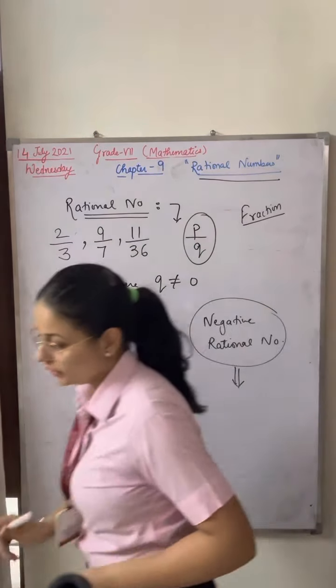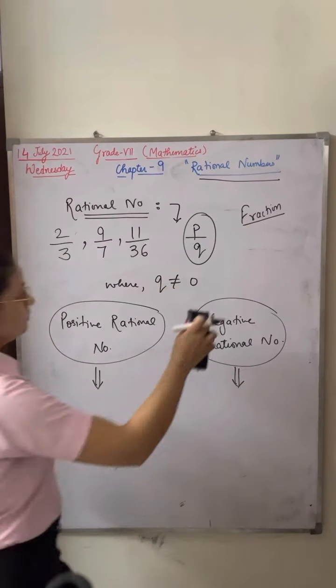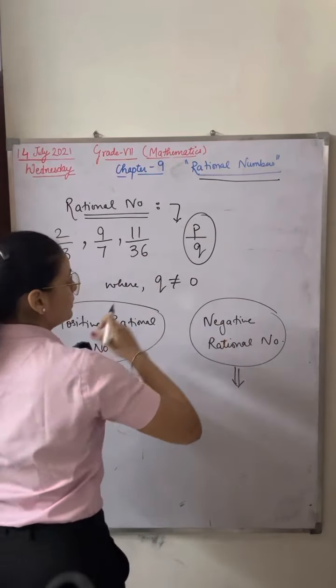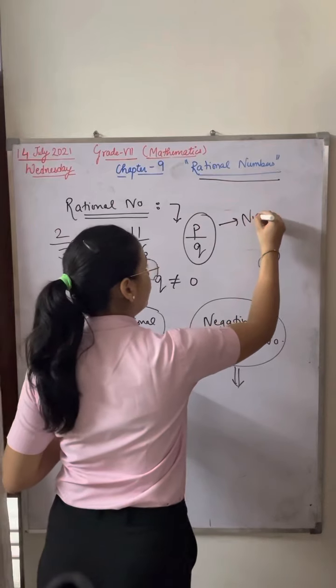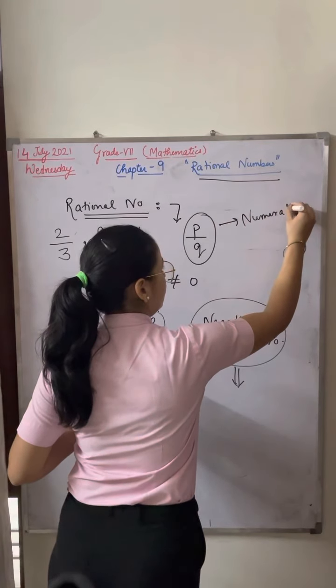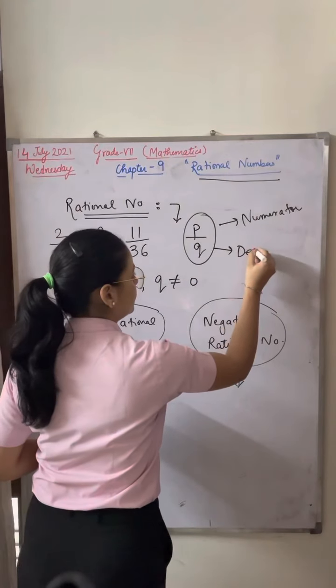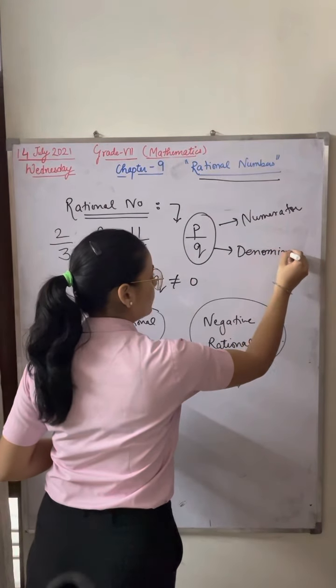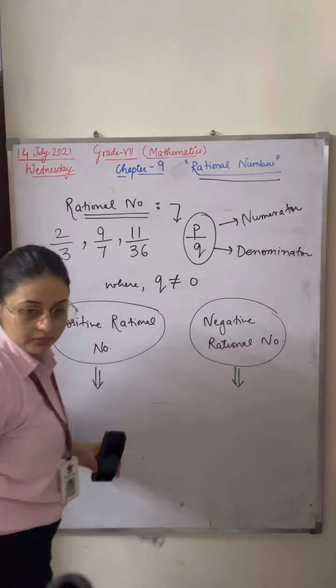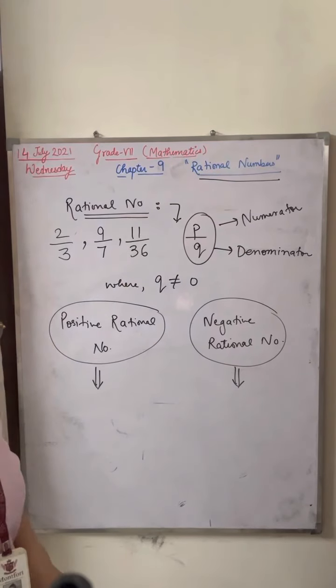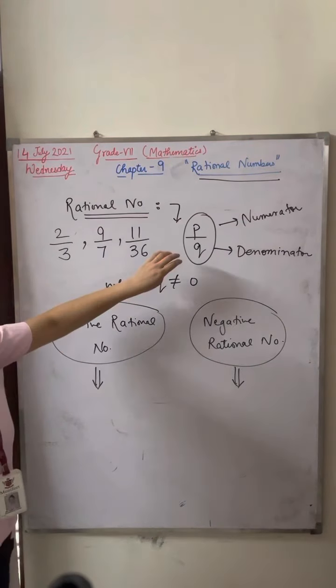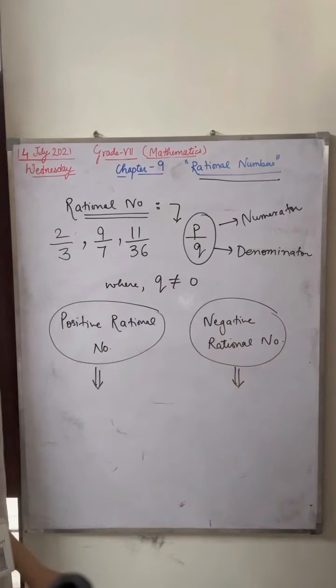Here we are considering P as the numerator and Q as the denominator. You know very well what the numerator and denominator are. I hope everyone knows this.